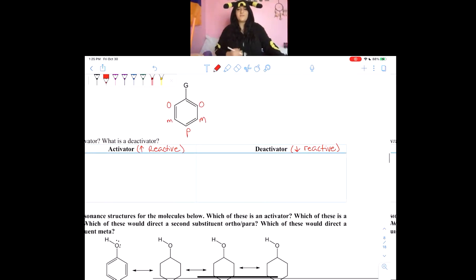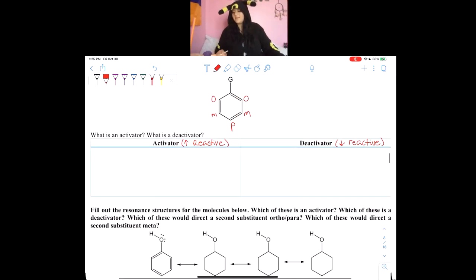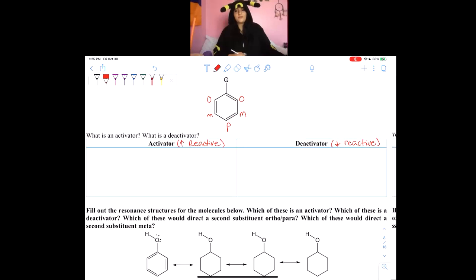And as we've talked about, the benzene ring is the nucleophile, right? So we're looking for ways to make the nucleophile more nucleophilic. When we're talking about electron donating and withdrawing groups, which one of those makes the nucleophile more nucleophilic? Electron donating, exactly. So over here we have electron donating groups.